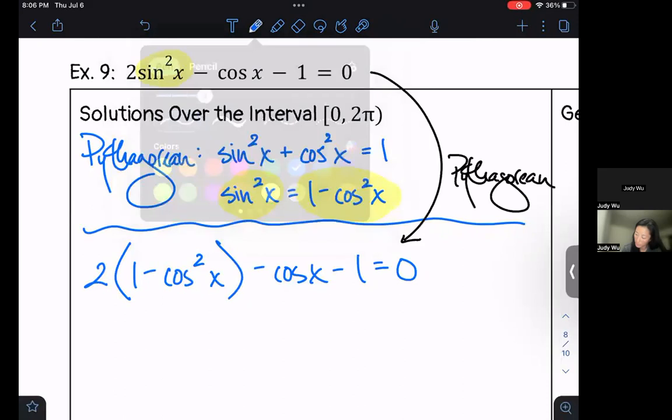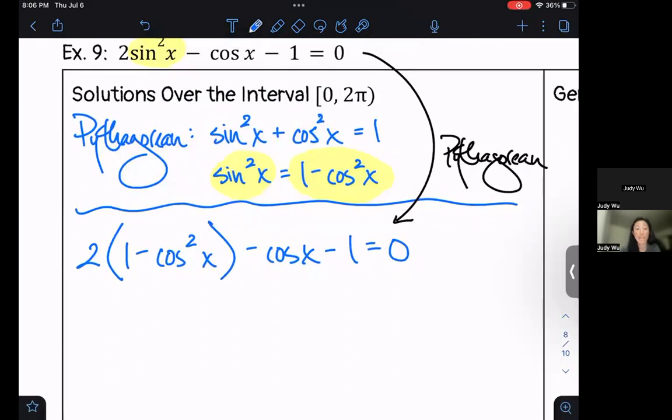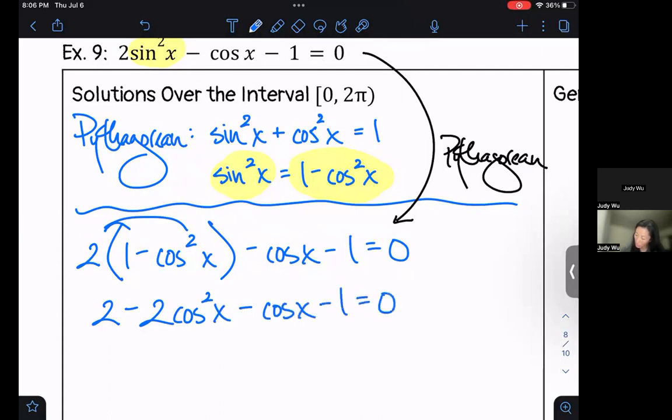Okay, this is what I mean when I say annotate your examples. All right, now I'm going to do a little bit of algebra and I'm going to distribute. So 2 minus 2 cosine squared x minus cosine x minus 1 equals 0. And I can just say algebra. So I'm distributing here, or I could write distribute. That would be okay too.